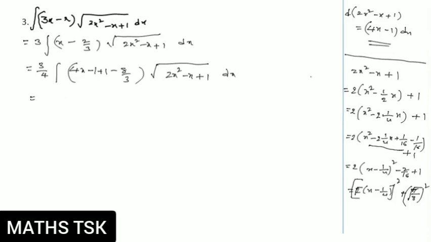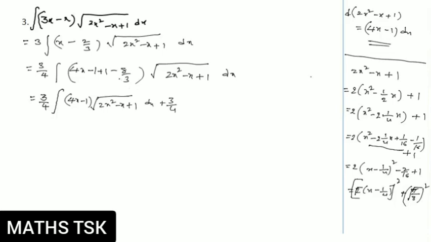This is 3 by 4 into integration of 4x minus 1 into root of 2x square minus x plus 1 into dx. Again plus 3 by 4 I'll write here.